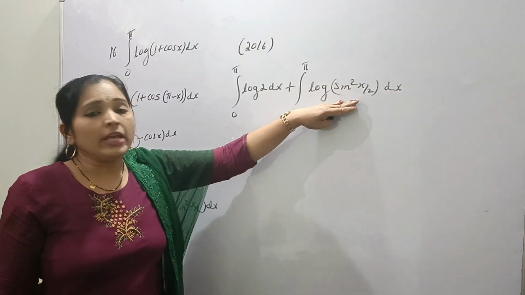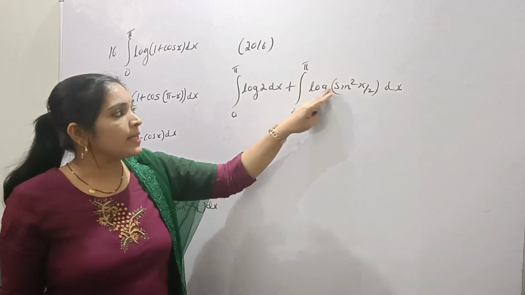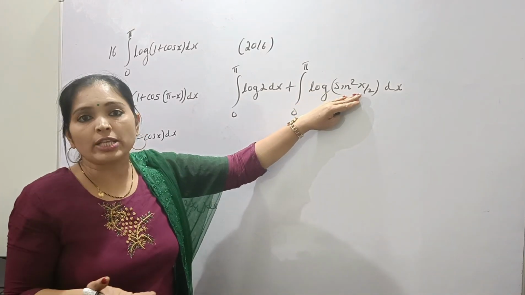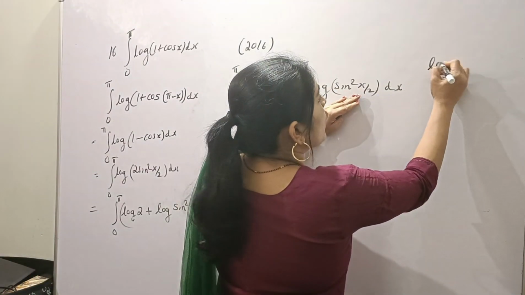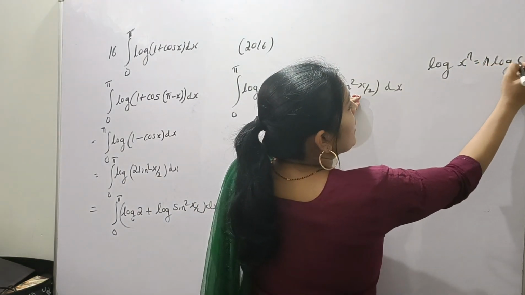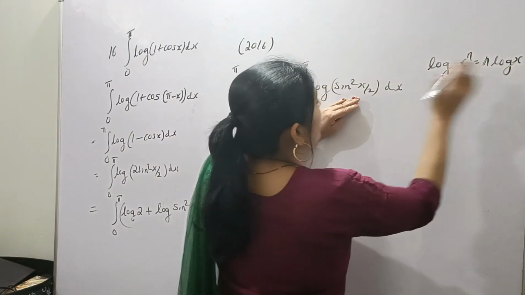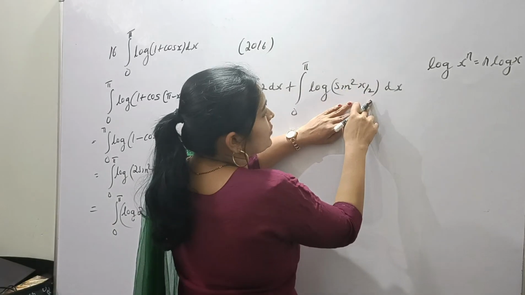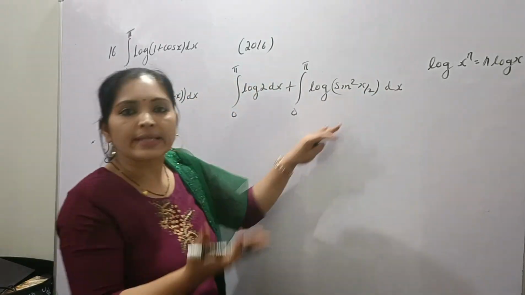Here again we can apply logarithmic rules. Log x raised to n is equal to n log x. So log sin square x by 2 is equal to 2 log sin x by 2.